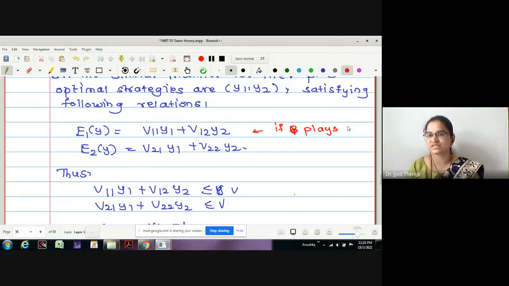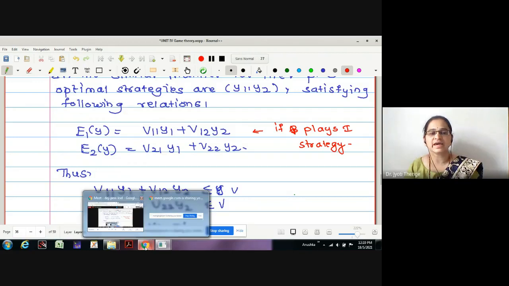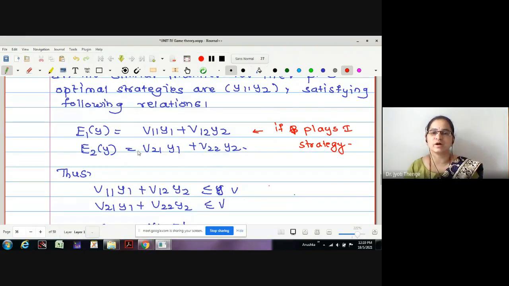Where B plays the first strategy. Is it okay? So first we were finding the expected losses of player B. If the expected losses are this, actually we were finding the maximum of these. If I want to find the maximum, the max value is equal to the value of the game, we know.